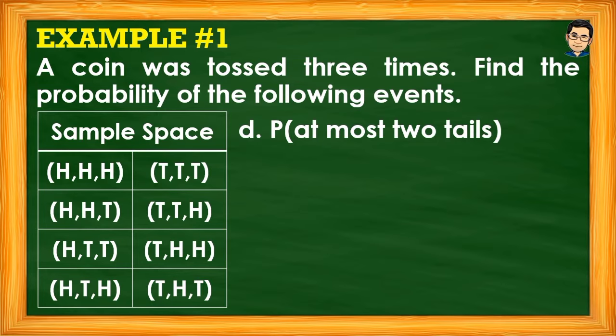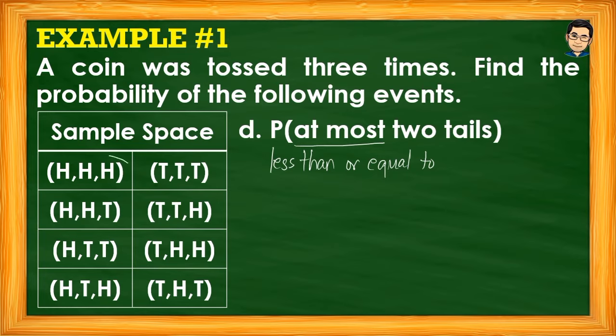So, for letter D, the probability of getting at most 2 tails. Okay, so at most. So, titignan natin dito, alin ba yung merong less than or equal to 2 na tails. So, maaaring walang tail sa outcome, maaaring isa, o kaya naman equal sa dalawa. Okay, so yung HHH, possible ba to?